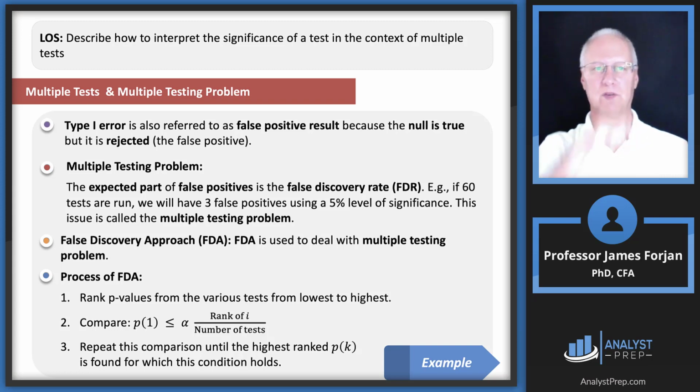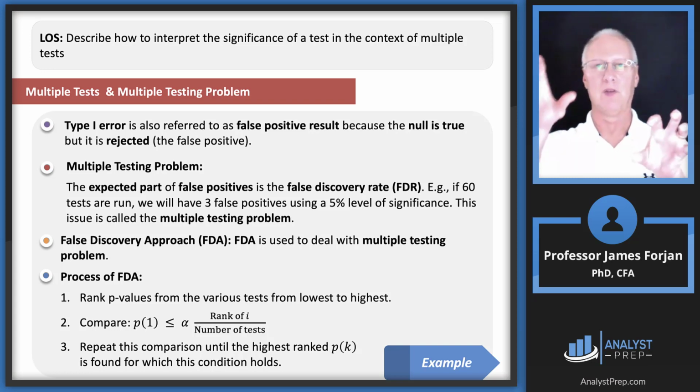Well, this brings us into this concept of the multiple testing problem. So look at the example in the second bullet point there. If 60 tests are run, we will have 3 false positives using a 5% level of significance. This is called the issue of multiple testing problem.